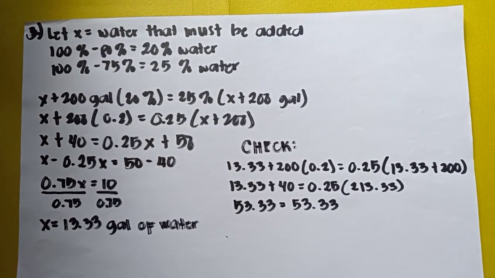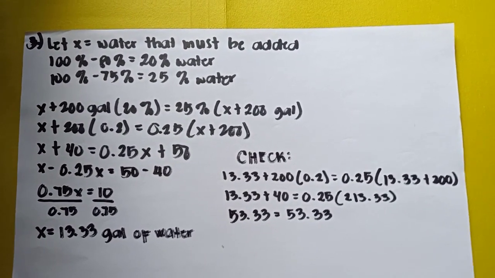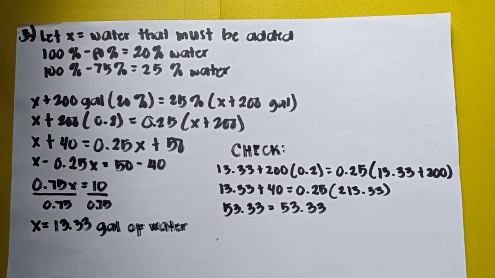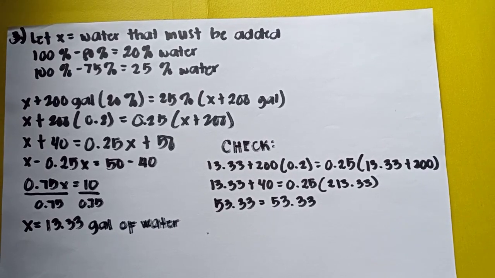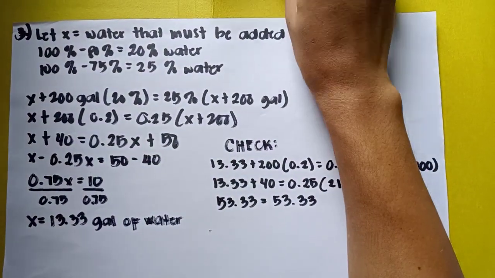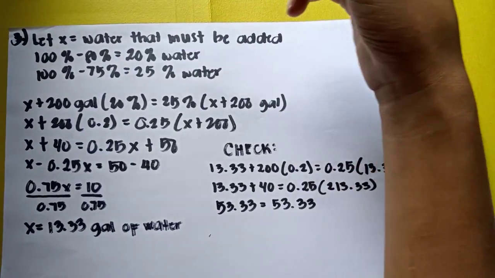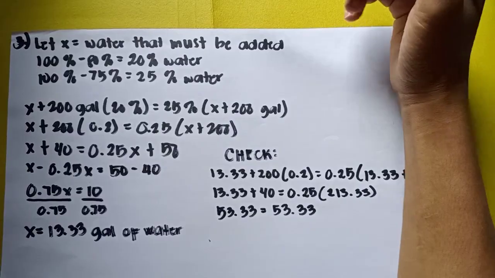Problem number 3. How much water must be added to 200 gallons of mixture which is 80% alcohol to reduce it to a 70% mixture? So let X be the water that must be added to the mixture.